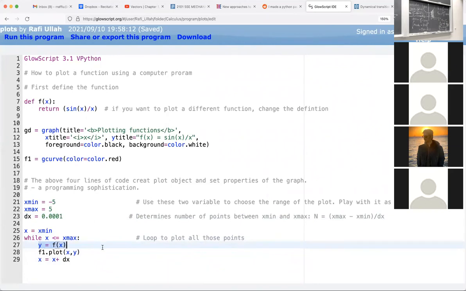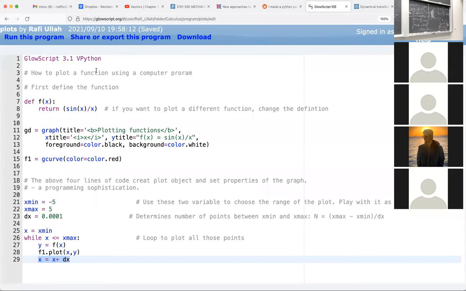We are calculating the value of the y-axis given a value for the x-axis. So it takes one x value, gives us one y value, and then we are immediately plotting that point, x and y, on the graph. And then we are changing x to the next point that we want to evaluate. And the whole process would make a very nice plot.